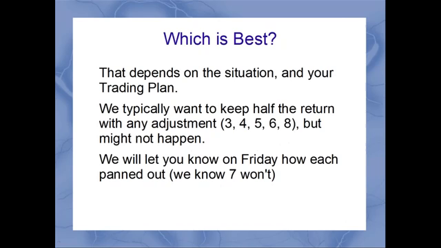So the big question that comes in, which is best? Well, that really depends on the situation. When your stop is hit, when your triggers are hit, don't just run to one adjustment. This is what I talk about with rolling down the whole bull put to a new bull put spread further out in time and further down in strikes.